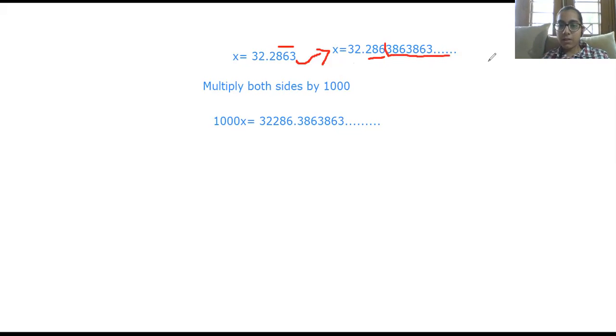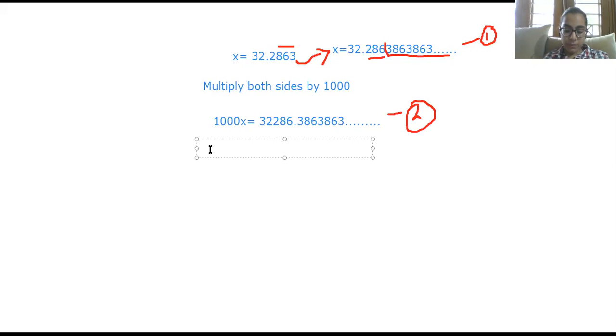Is that clear? Now, this was equation 1. This is equation 2. And our next step: subtract equation 1 from equation 2.